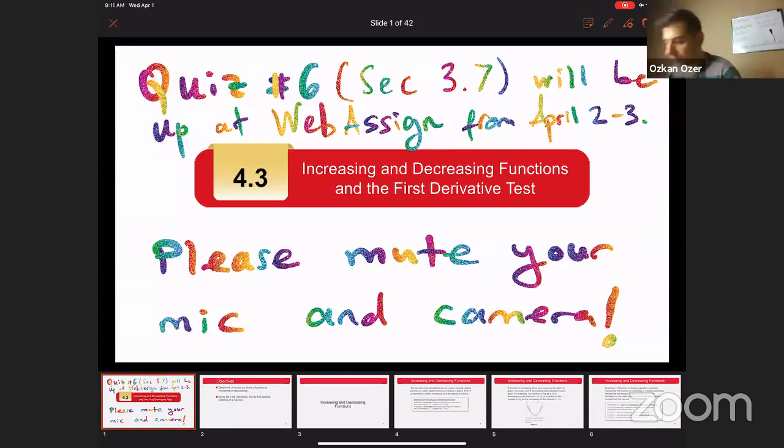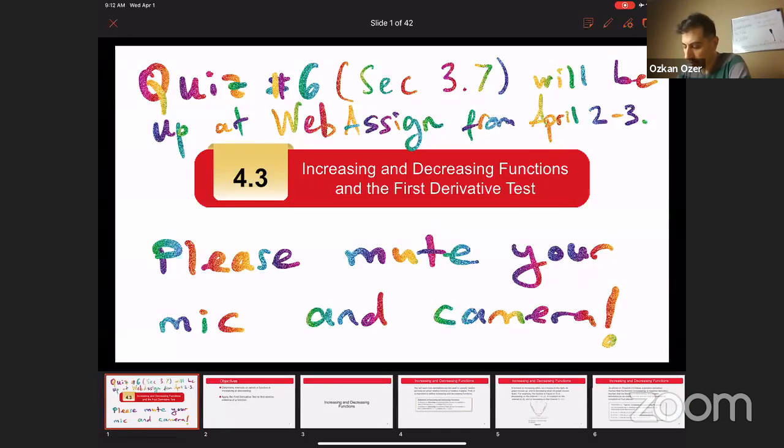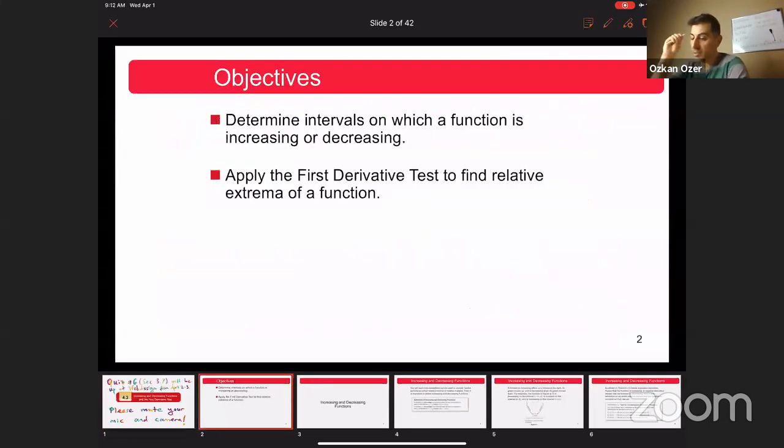So today we're going to start learning another application of the derivative concept. And it's mostly determining the increasing, decreasing behavior of the function by just looking at the first derivative of the function.